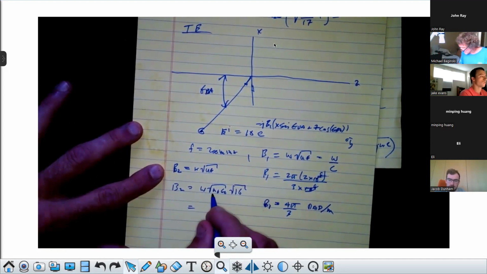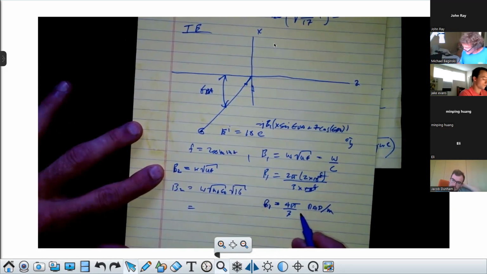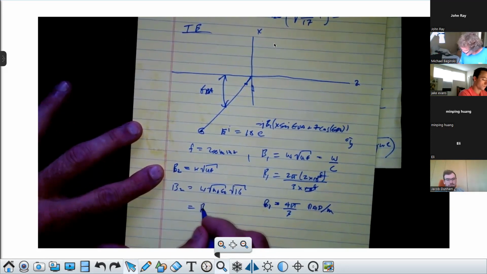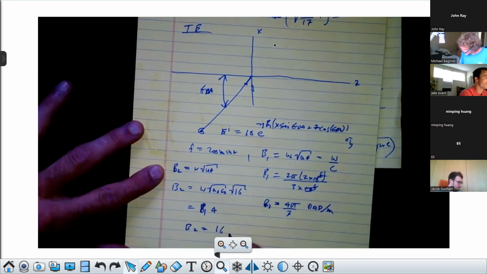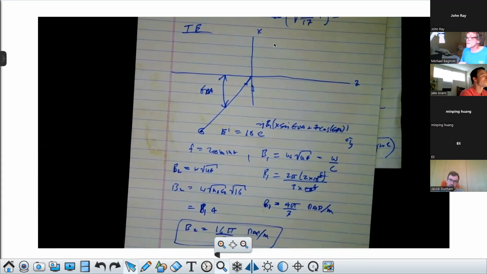So that means it's omega over the square root of mu naught epsilon naught, or beta in region 1, and the square root of 16 is 4. So beta in region 2 is just equal to 4 times that, or it's 16 times pi over 3 radians per meter. All right, everybody follow me on that?